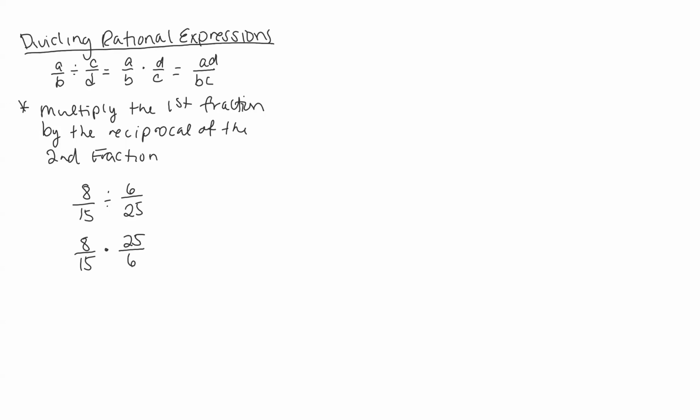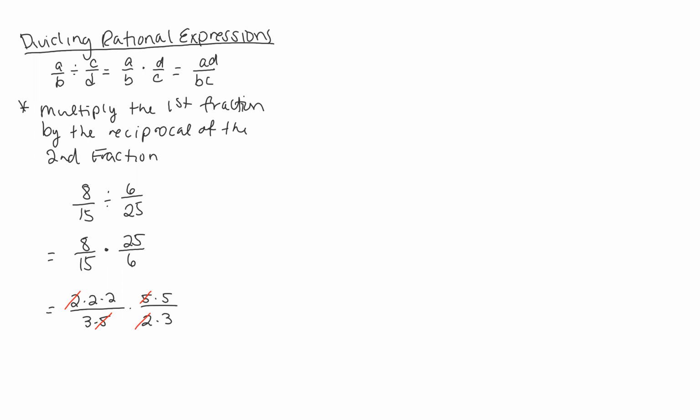So rewrite it as multiplication first, and then factor everything. 8 is the same as 2 times 4. 4 is 2 times 2. 15 is 3 times 5. 25 is 5 times 5. 6 is 2 times 3. So let's see if anything will cancel. Well, I have a 2 in the top, a 2 in the bottom. I have a 5 in the top, a 5 in the bottom. And then now my numerator is 2s and 5.